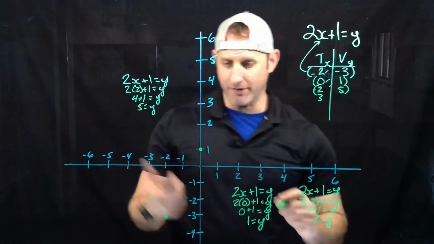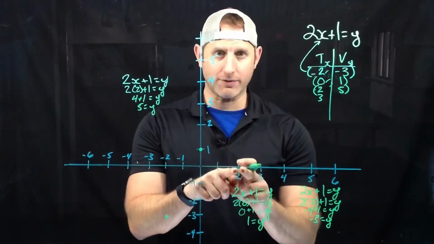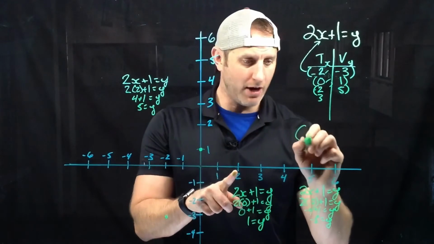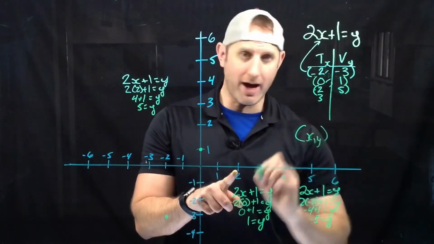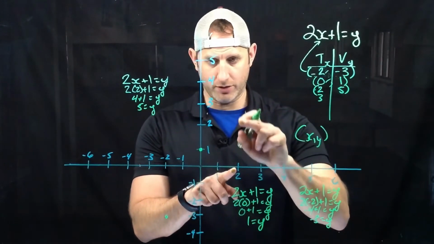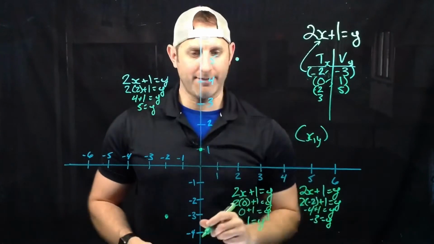2 comma 5. So we can do that. Let's go over 2 on the x first, because x is always first, remembering that ordered pairs are always x comma y, over 2 and up 5. 1, 2, 3, 4, 5. And we end up right about there.